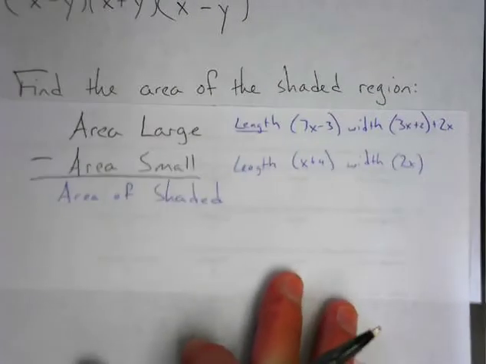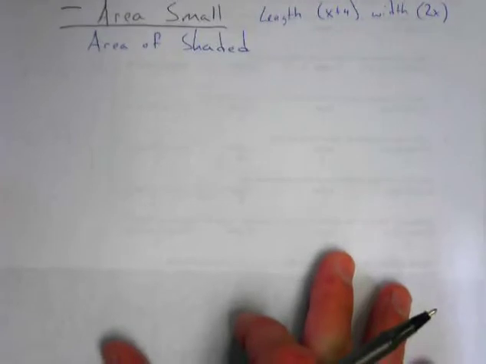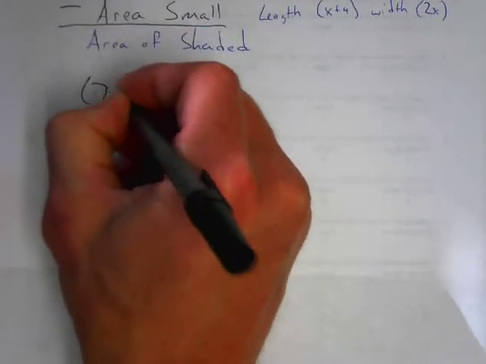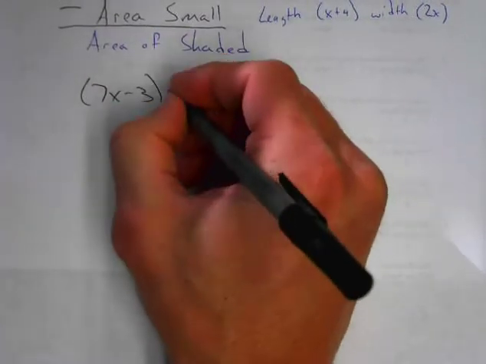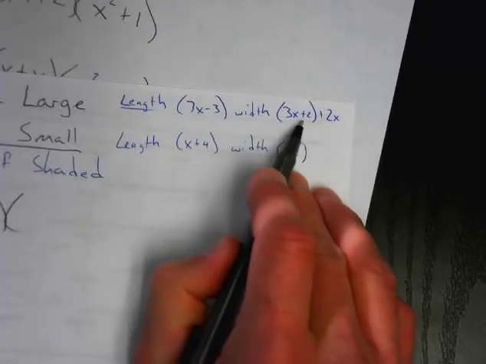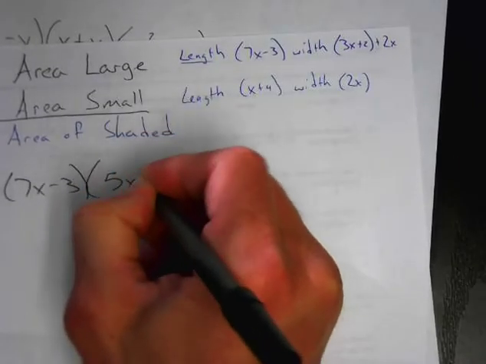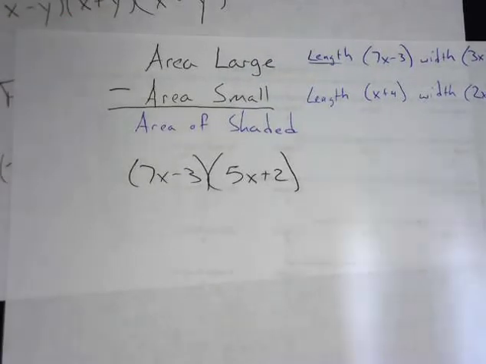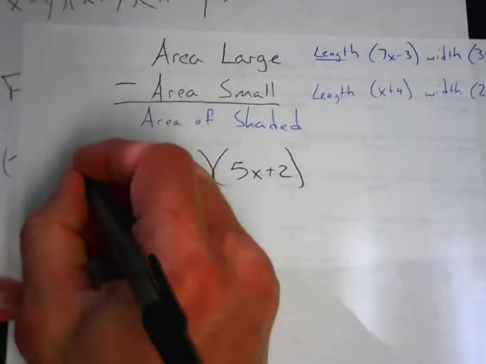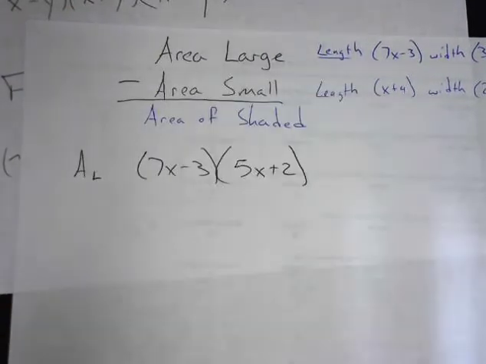Okay, so again, our length was 7x minus 3, and our width is 3x plus 2x plus 2. Okay, so our width is 5x plus 2. So that will be the area of the large. Okay, so this is the area of the large rectangle.